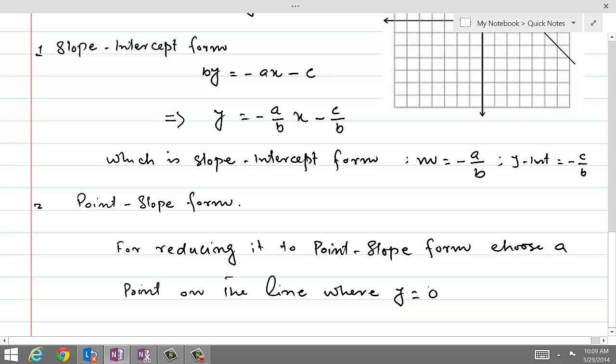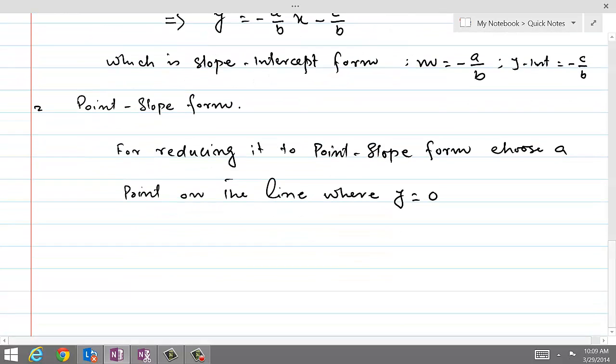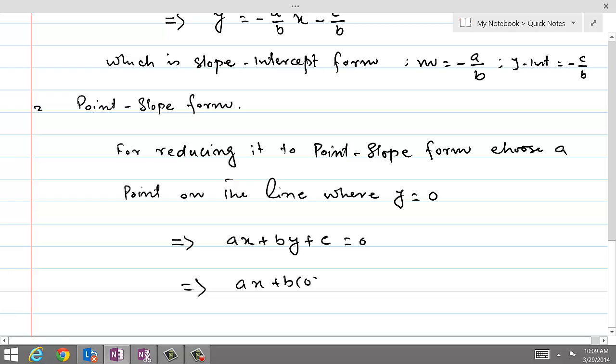And if we choose from the line y is equal to 0, means that ax plus by plus c equal to 0. If y is equal to 0, then this is ax plus b into 0 plus c equal to 0.